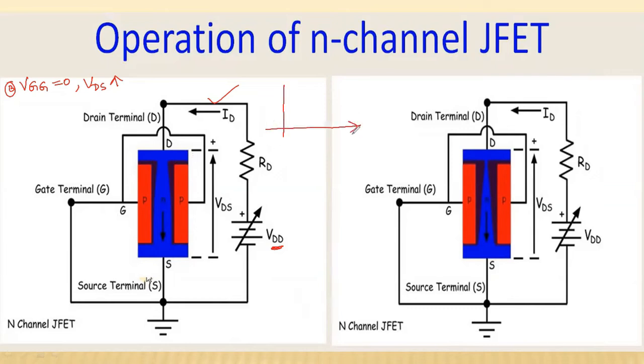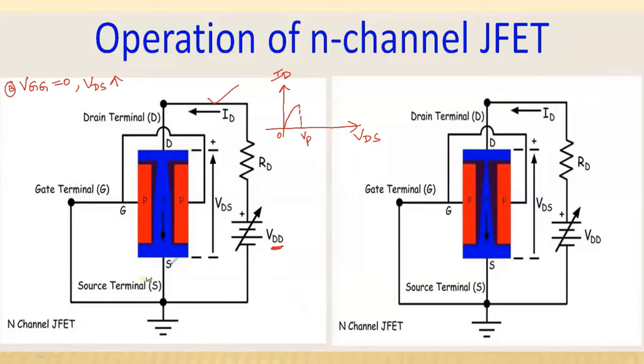If you plot the graph between the applied voltage VDS, between drain and source, and the drain current ID, initially for smaller voltages, as you increase the voltage, the current also increases. But what actually happens is at a particular voltage called the pinch-off voltage.